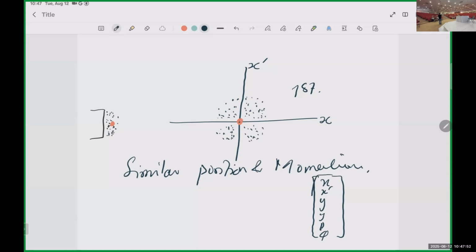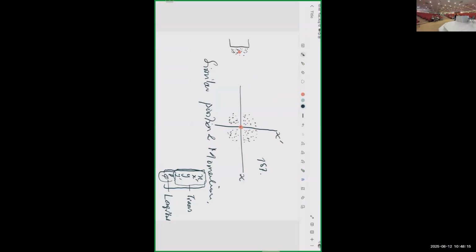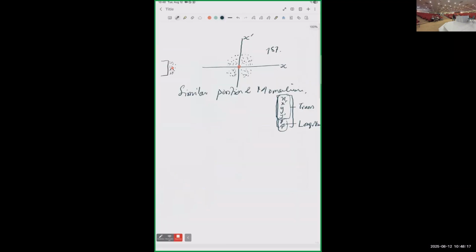These four entries of the vector define the transverse position, and the rest of the two define the longitudinal jargon of the beam. I will come back to this if it's not clear. I hope it's a bit clear.